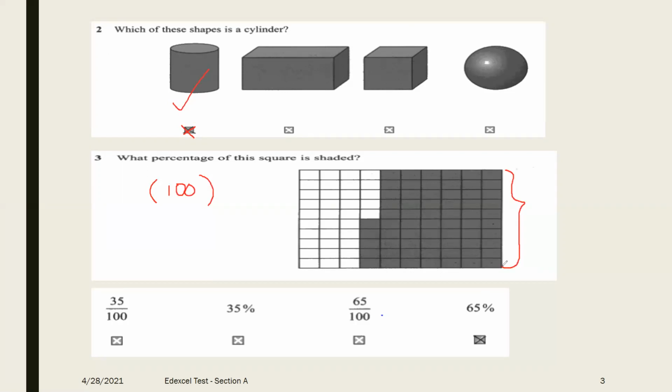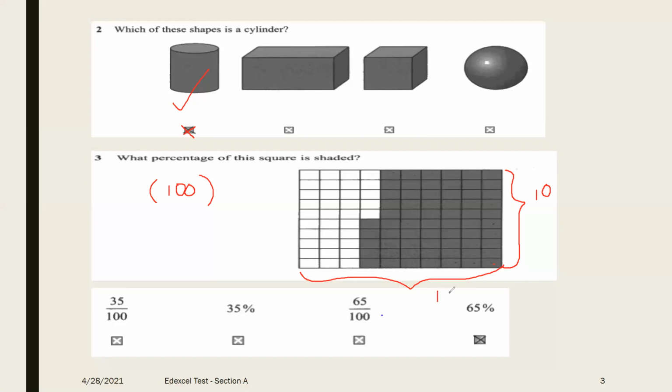After that, I can multiply the rows and the columns. Here I have 1, 2, 3, 4, 5, 6, 7, 8, 9, 10. So I have 10. When I count the columns, 1, 2, 3, 4, 5, 6, 7, 8, 9, 10.